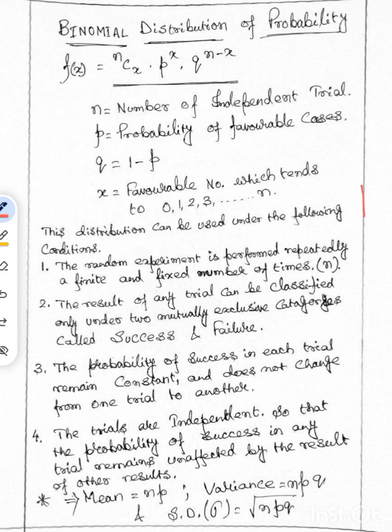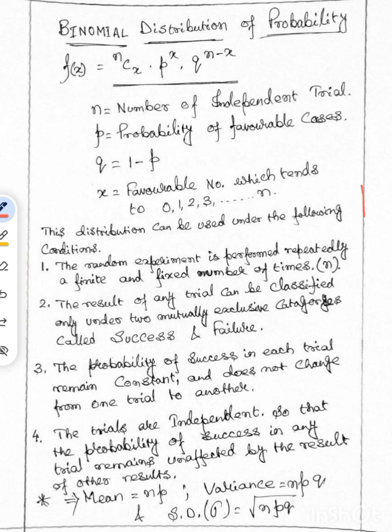It is one event and has no effect on the other event. Next, the outcomes are classified into two categories, that is either head or tail. So this criteria is important for applying binomial distribution.